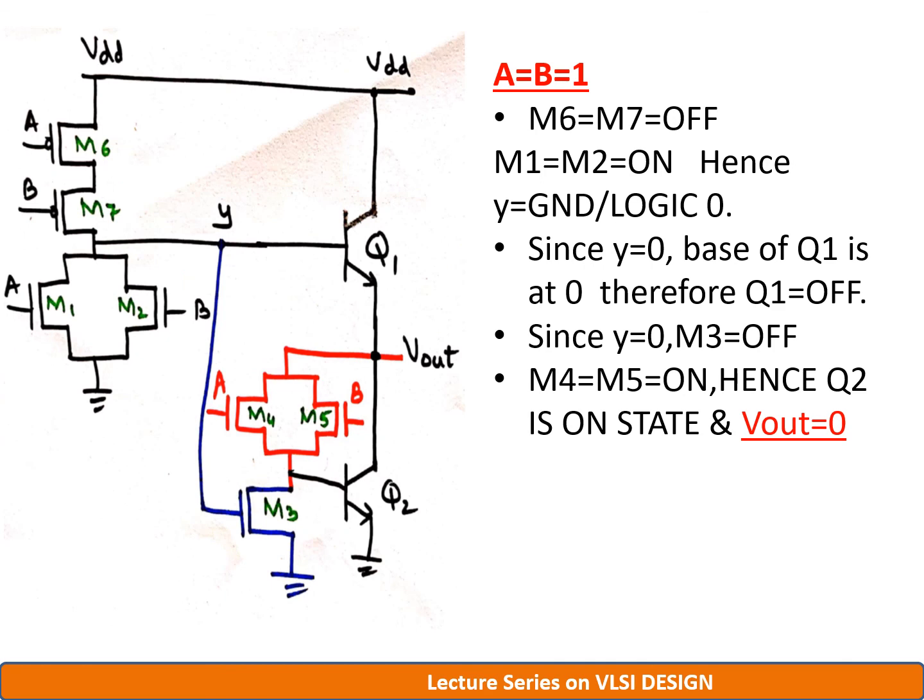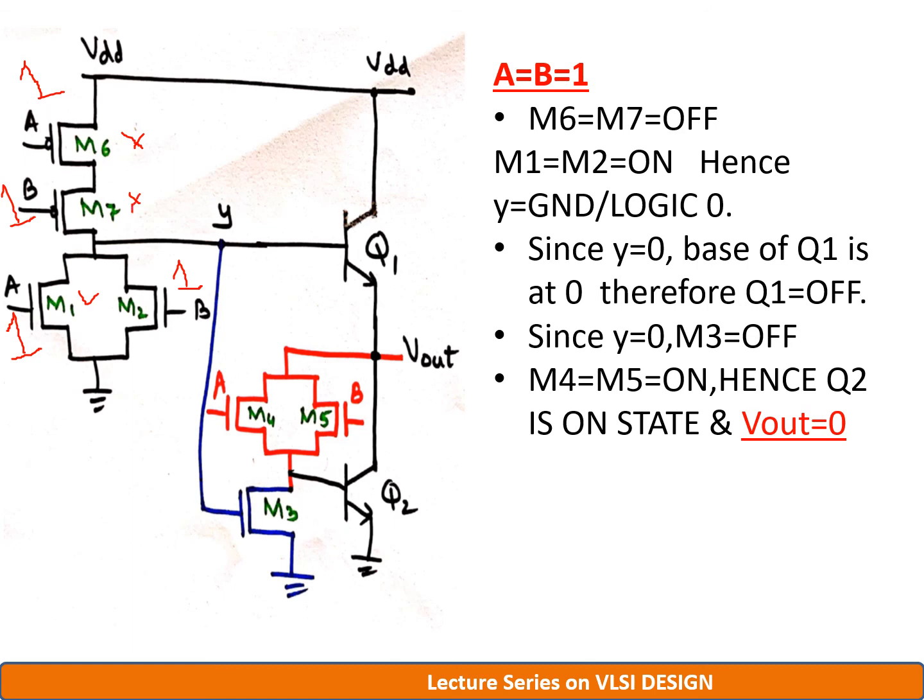So last case, when A is 1 and B is 1, both M1 and M2 will turn on, M6 and M7 will be in off state.